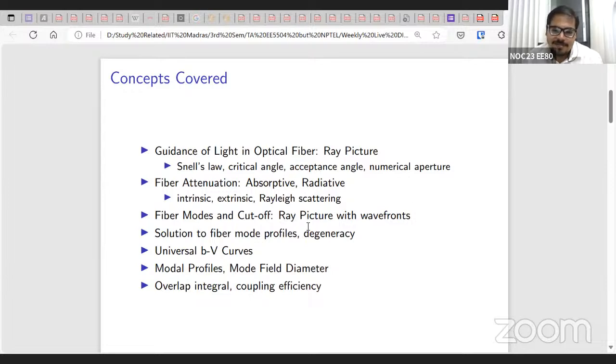So here we use the ray picture with the concept of wavefronts. Only those rays will be supported in the waveguide where the wavefronts are interfering constructively.